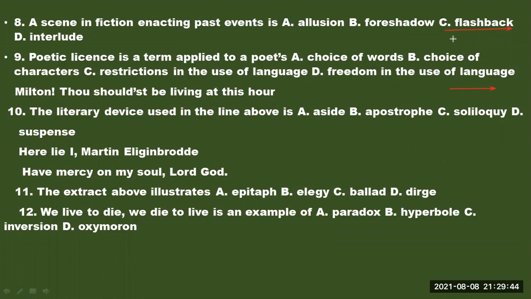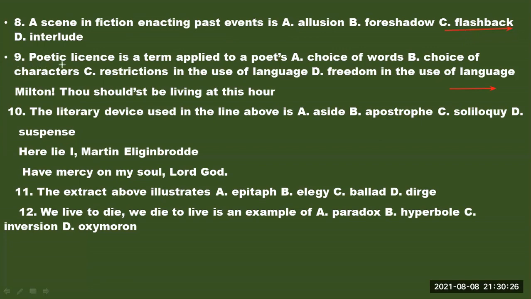You refer to that past event and connect it to what is happening in the present time. For example, if somebody committed a crime in the past, and there's another thing that is similar to that, or there is something happening that is a result of something else that happened in the past, then flashback becomes necessary. Now, an interlude is something that happens in the middle of something else. So the answer is flashback.